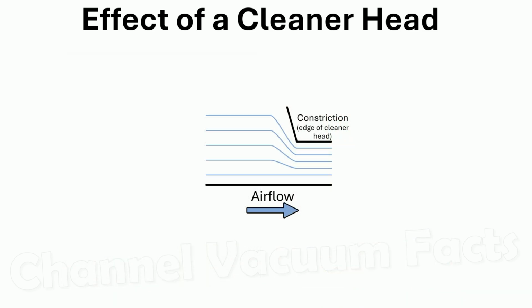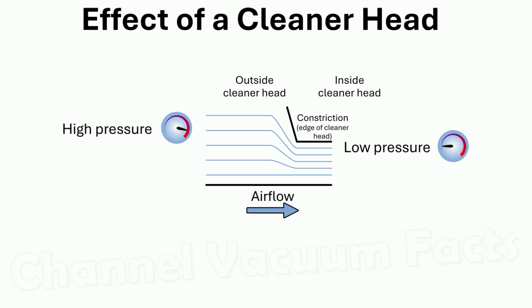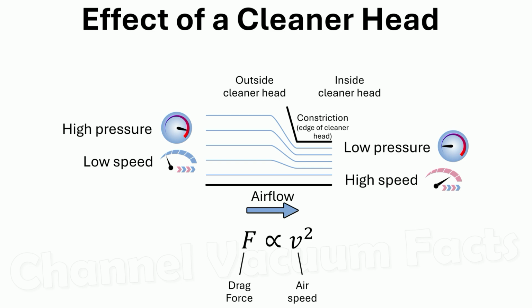The Venturi effect naturally follows from the need to conserve mass and ensure the amount of air coming into a bounded system is the same as the amount of air going out, and none is magically created or destroyed. The Venturi effect describes how the lower air pressure inside a sealed cleaner head causes an increase in the speed of a compressible fluid, such as air, as it enters through the narrow edge constrictions. This increasing airspeed increases the aerodynamic drag force, making dirt removal more effective.